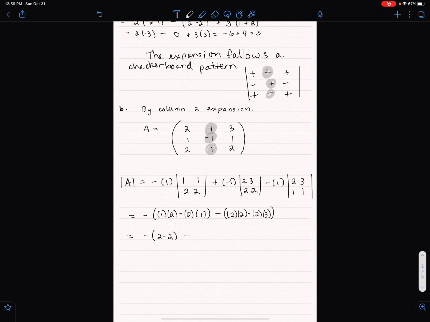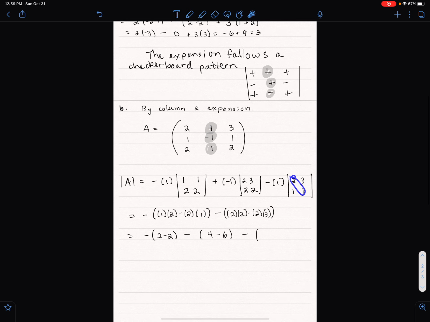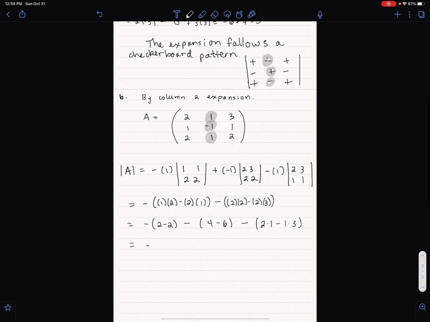So that gives negative 4 minus 6 minus, multiply 2 times 1 and subtract 1 times 3. I think you really can do that in your head, right? But maybe not, I don't know. Write out more work. The more, sometimes better.